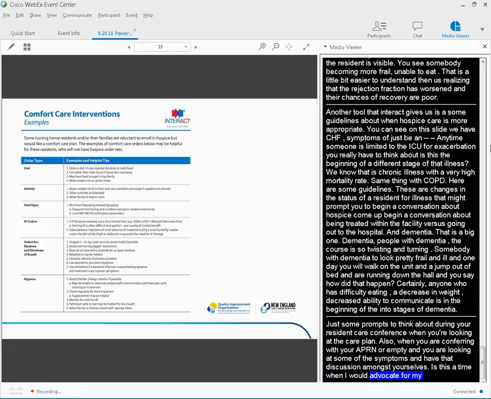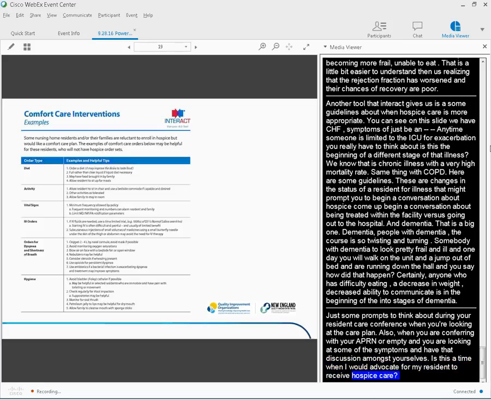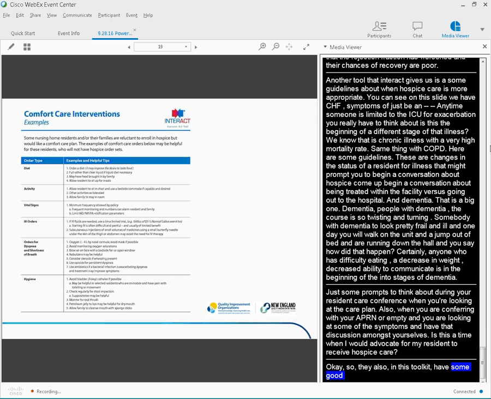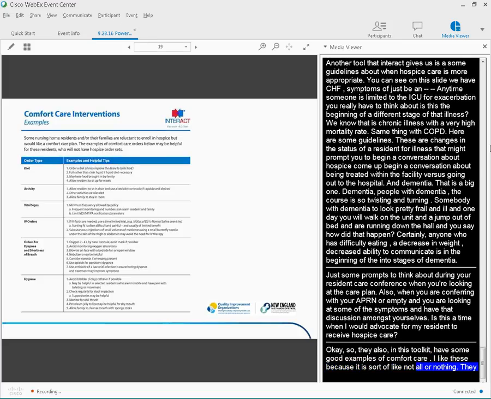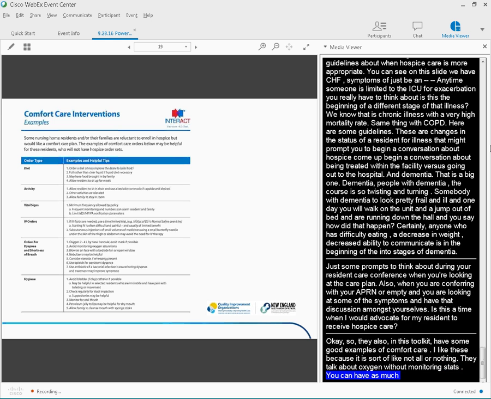Okay, so they also, in this toolkit, have some good examples of comfort care, and I like these because, again, it's sort of like not all or nothing. So they talk about oxygen without monitoring SATs. So you can have as much oxygen as you need, or you can take it off if it's bothering you, just to keep them comfortable.